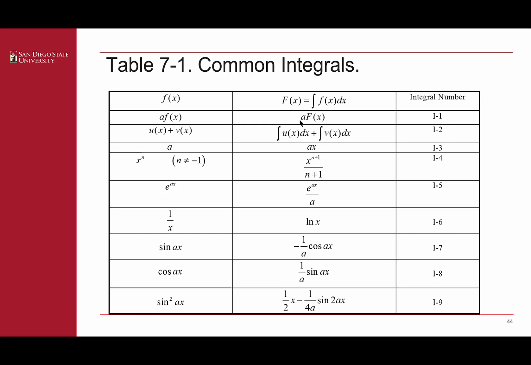So a times f of x gives a times capital F of x, where capital F is the integral of f of x. Addition is also trivial, addition of functions, what I mean. u of x plus v of x would yield integral of u of x dx plus integral of v of x dx, where u and v are functions of x, of course.